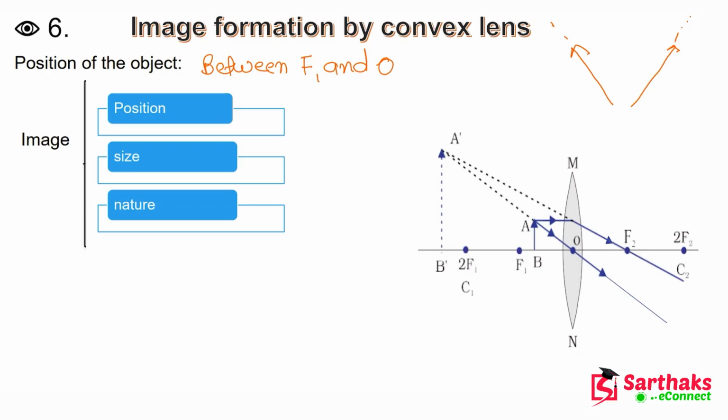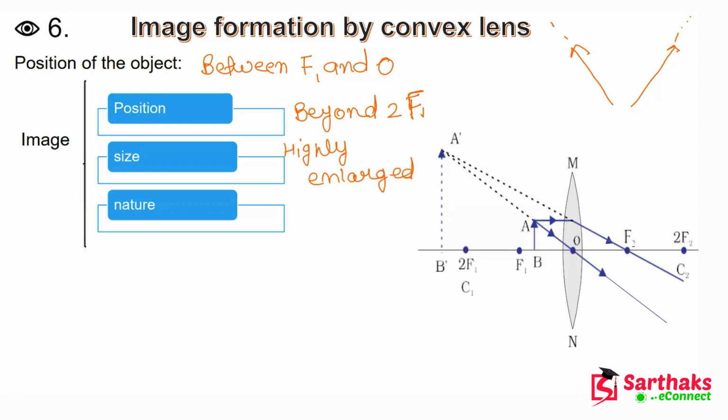That's why our image is formed here. If you are asked where the image will be formed, you will simply say beyond 2F1. Now what is the size in this case? You can see that the size is very, very large, or you can say highly enlarged.